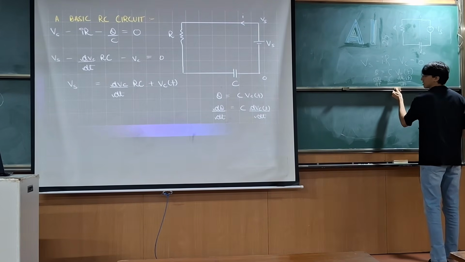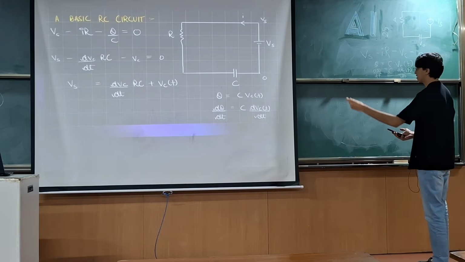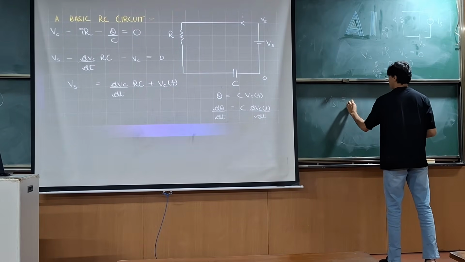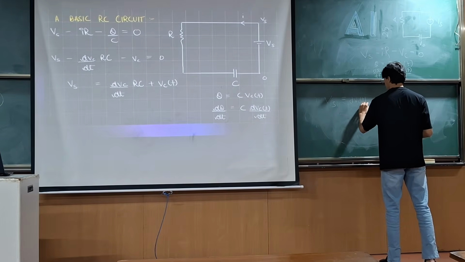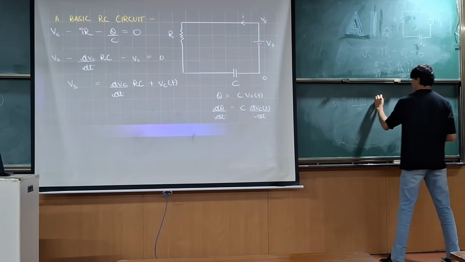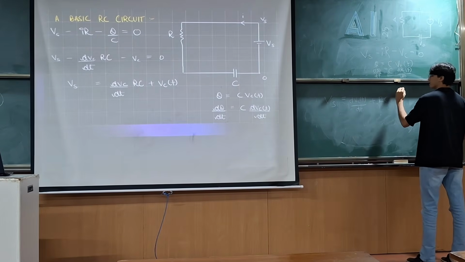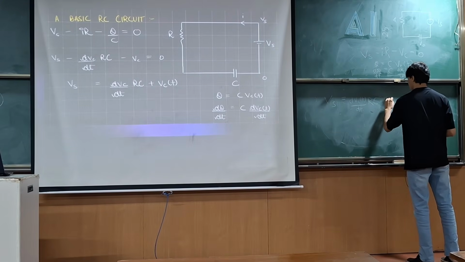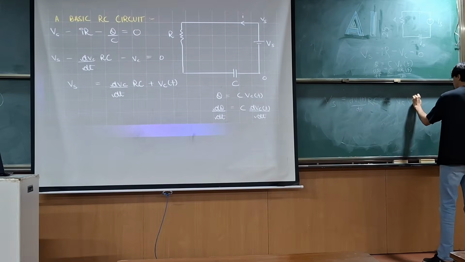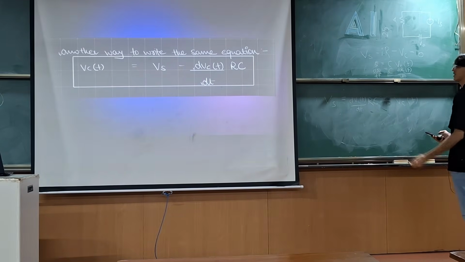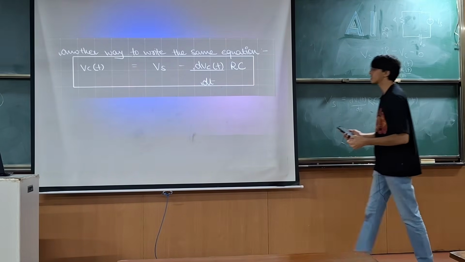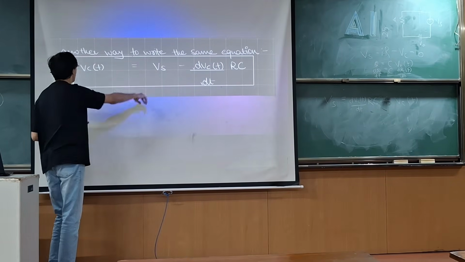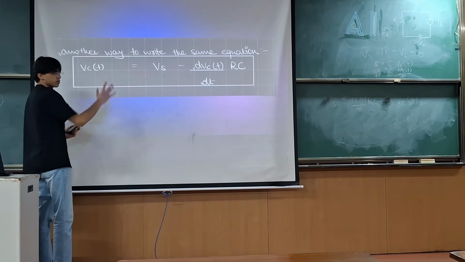And the differential equation that we get from this, you can rewrite as: Vs equals Vc plus RC dVc by dt. Here we're treating the source voltage as an input, and the capacitor voltage as what we measure.